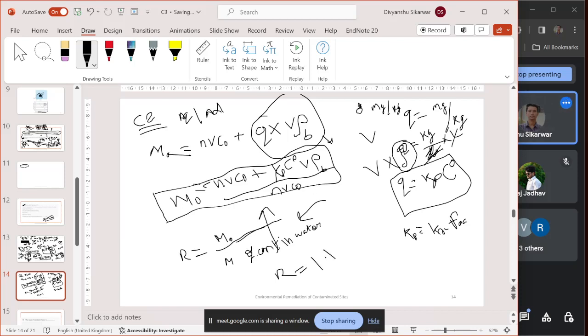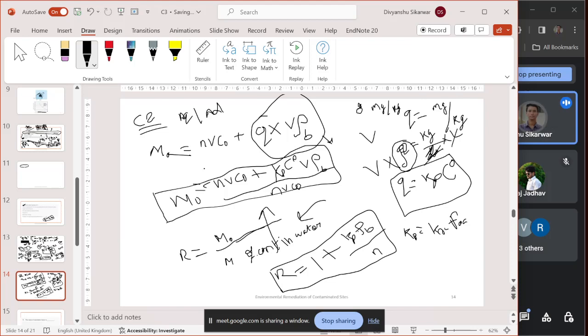So it will be 1 plus Kp divided by velocity. This is the R formula for case 2.